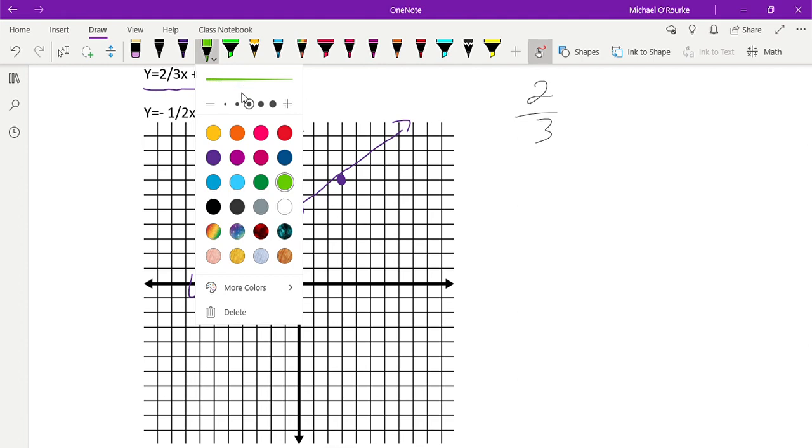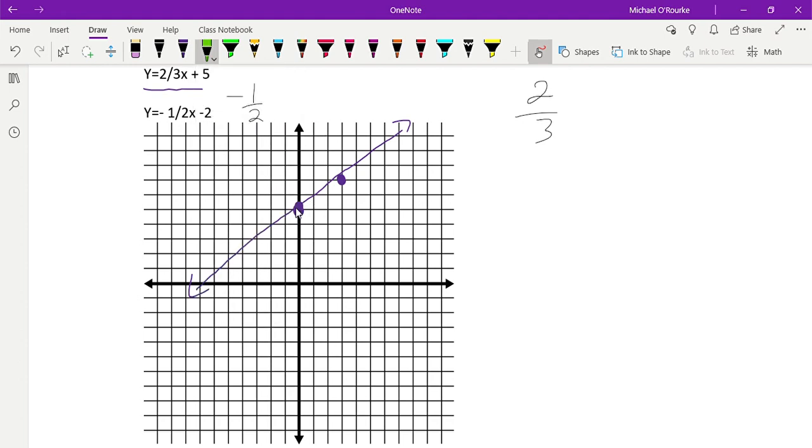What happened to your first one? So I did the first one. Watch with me here. I marked the 5, then I went up 2 over 3. So I started at 5 right here, because this is 5, right? See where the two lines intersect? Yes. 5 there, and then here's my 2 over 3, so I went up 2 over 3.